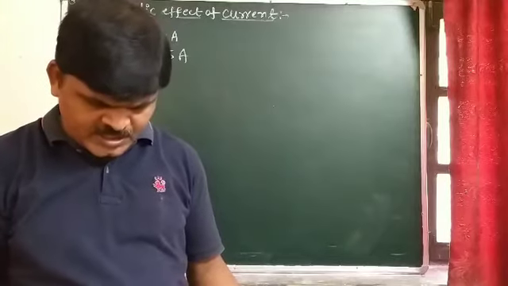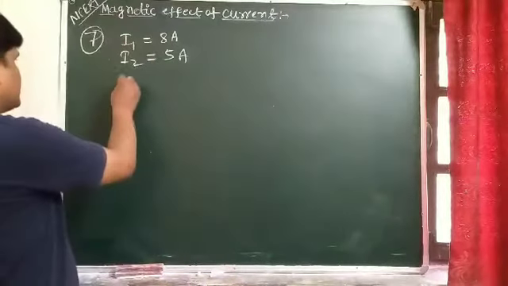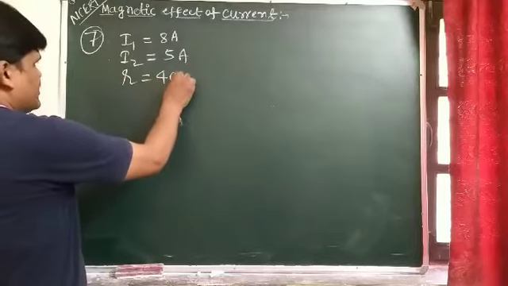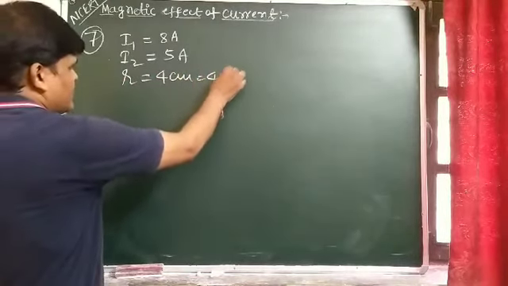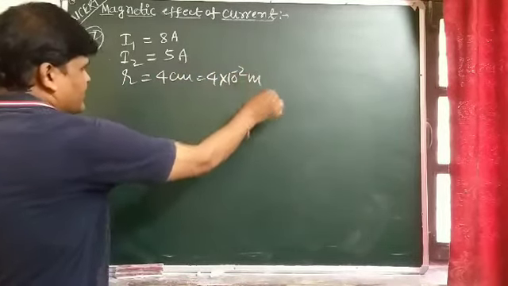are separated by a distance of 4 centimeter. Distance between them is 4 centimeter, so it can be written as 4 into 10 to the power minus 2 meter.